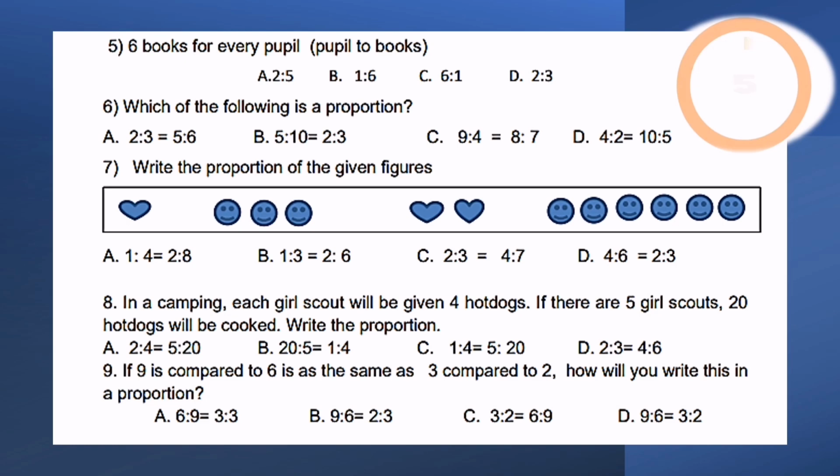Number 5, 6 books for every pupil. Pupil to books. Timer starts now. And the answer in number 5 is letter B, 1:6. Number 6, which of the following is a proportion? Timer starts now.